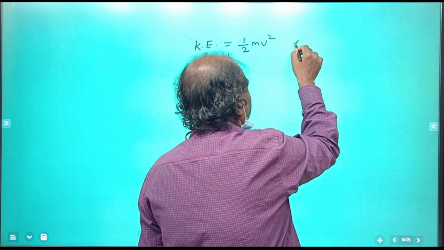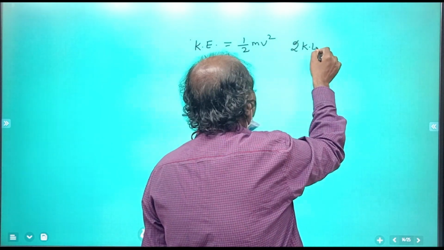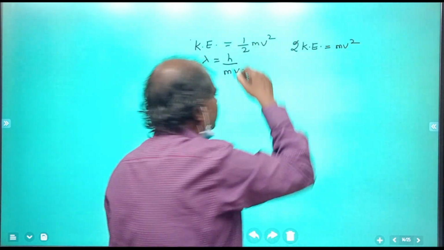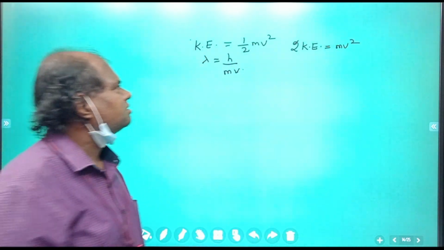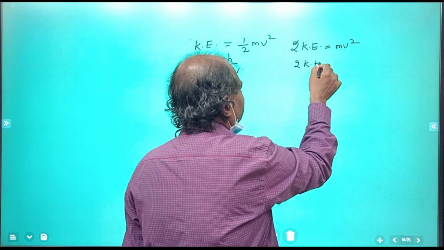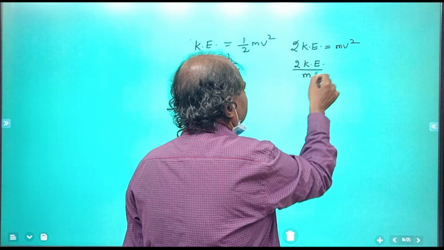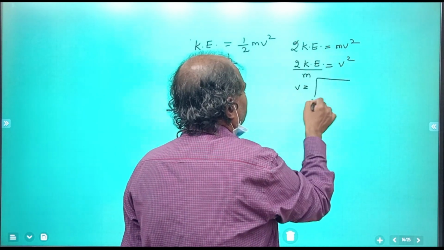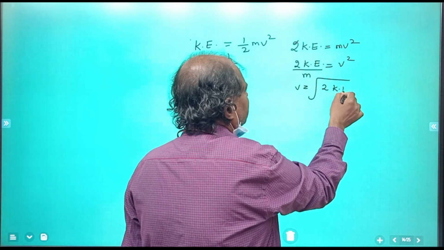So we can say 2 times kinetic energy is equal to mv square. You take 2 on that side, divided by m is equal to v square. So v is equal to root of 2 times kinetic energy by m.